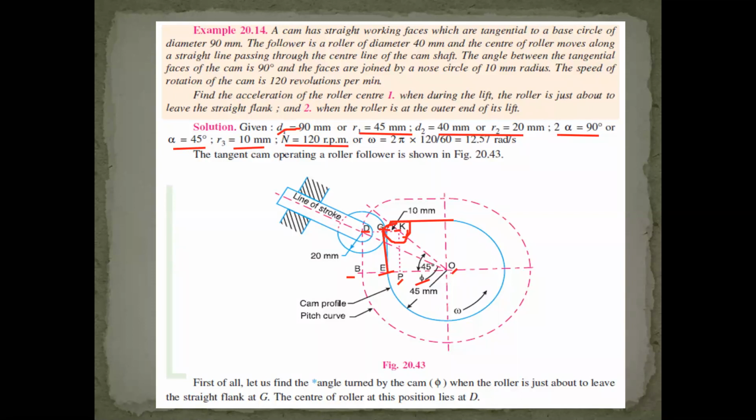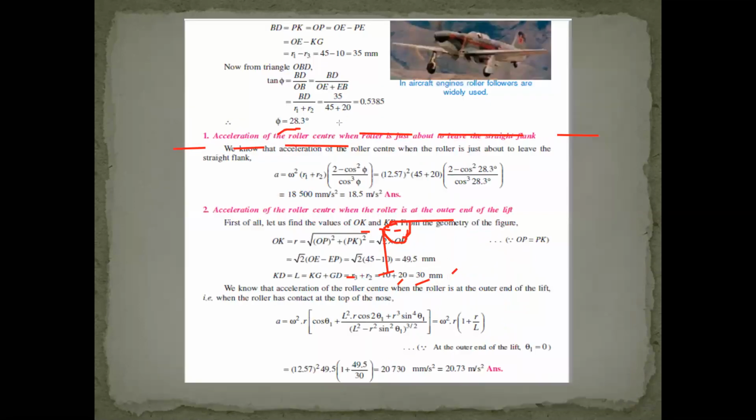BD is already there, 35, and R1 plus R2 is 45 plus 20. So tan phi equals 0.5385.